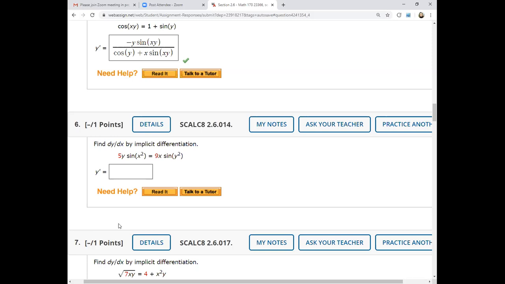And then equals, the other side is a product as well. So the first function is 9x.